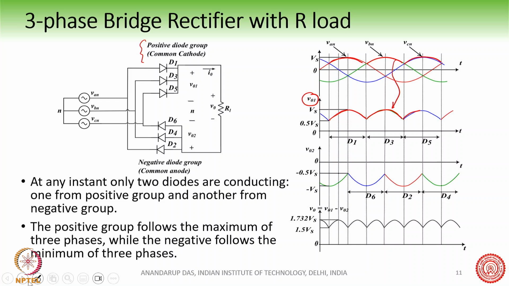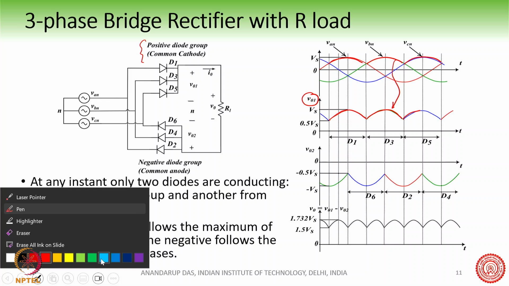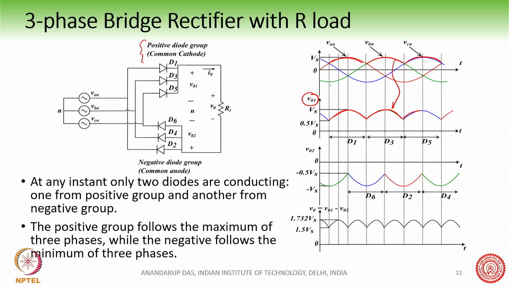Similarly, the negative group will follow the negative envelope here, and this is what is going to come here. So this is basically V02.